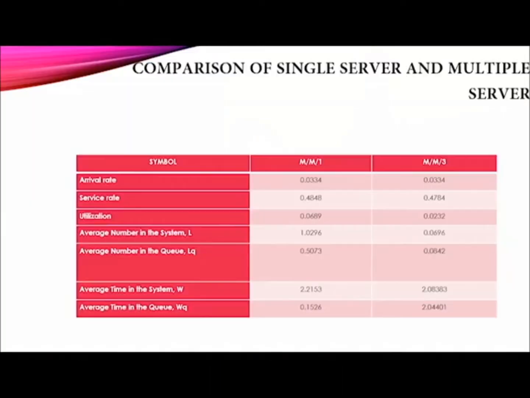Same for the average number in the queue, which is 0.5073, while for M3 it is 0.0842.